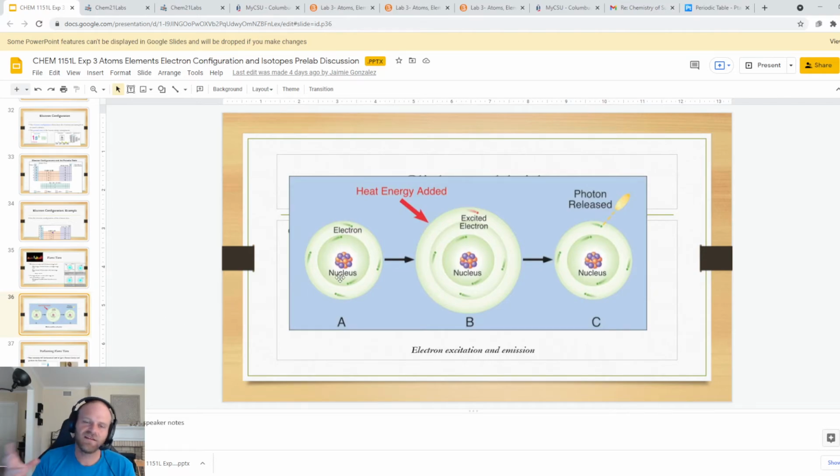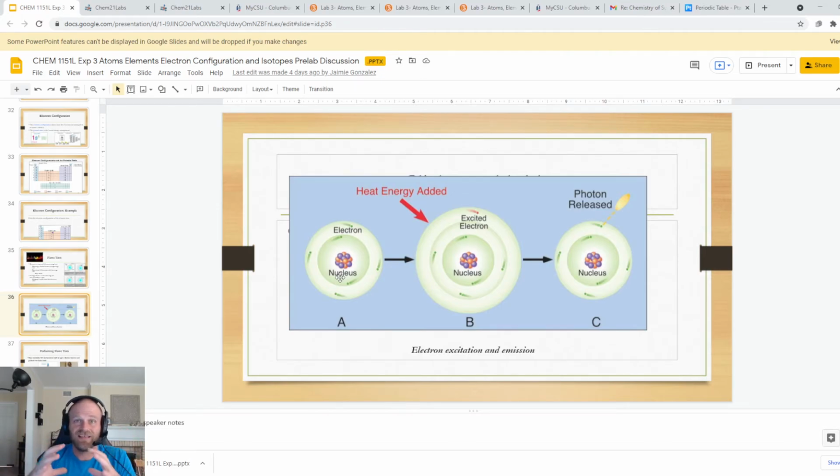This is a diagram of what happens. The energy from the fire or whatever is pumped into the atom, and then the electrons are excited. They jump out to a higher energy level because they have more energy. Remember, the further it gets away from the nucleus, the more energy it has.